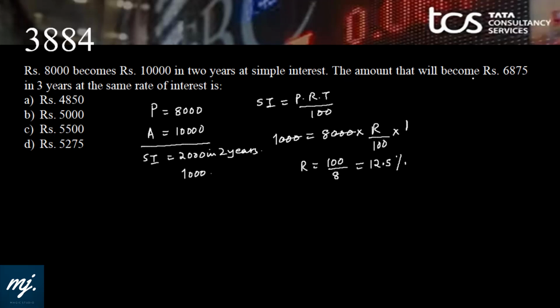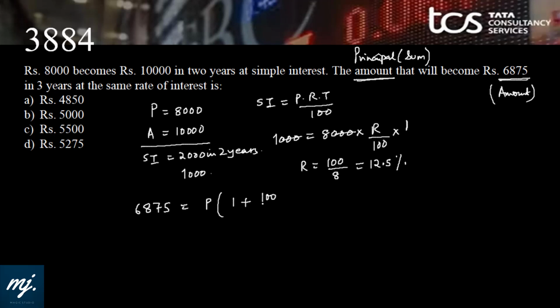Now, the amount that will become rupees 6875. Here the amount means principal. They are looking for the principal, that is the sum, that will become 6875. Now this is the amount as far as our nomenclature of simple interest is concerned, in 3 years at the same rate of interest. Now 6875 equals P into (1 + RT by 100). R is 100 by 8, T is 3 years.